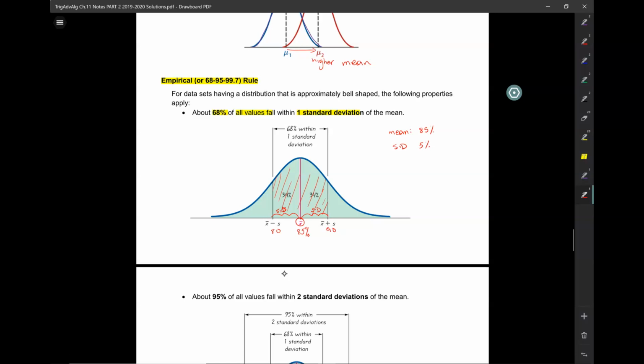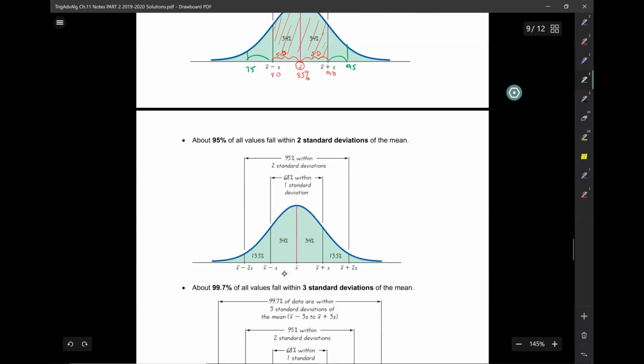Now, if I go further out, 2 standard deviations. If I go another 5 and another 5, let's see what happens then. Now I've gone 2 standard deviations. 95% of the test scores will fall within 2 standard deviations.